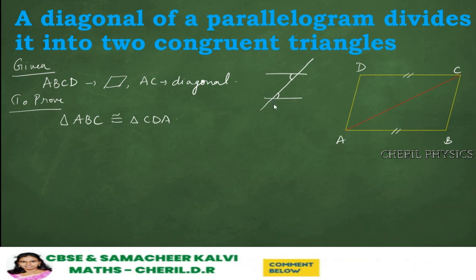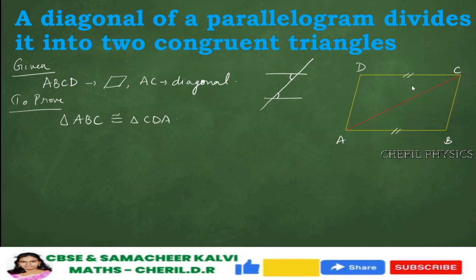So in this triangle, angle DCA will be equal to angle CAB. Similarly, this angle will be equal to this angle.